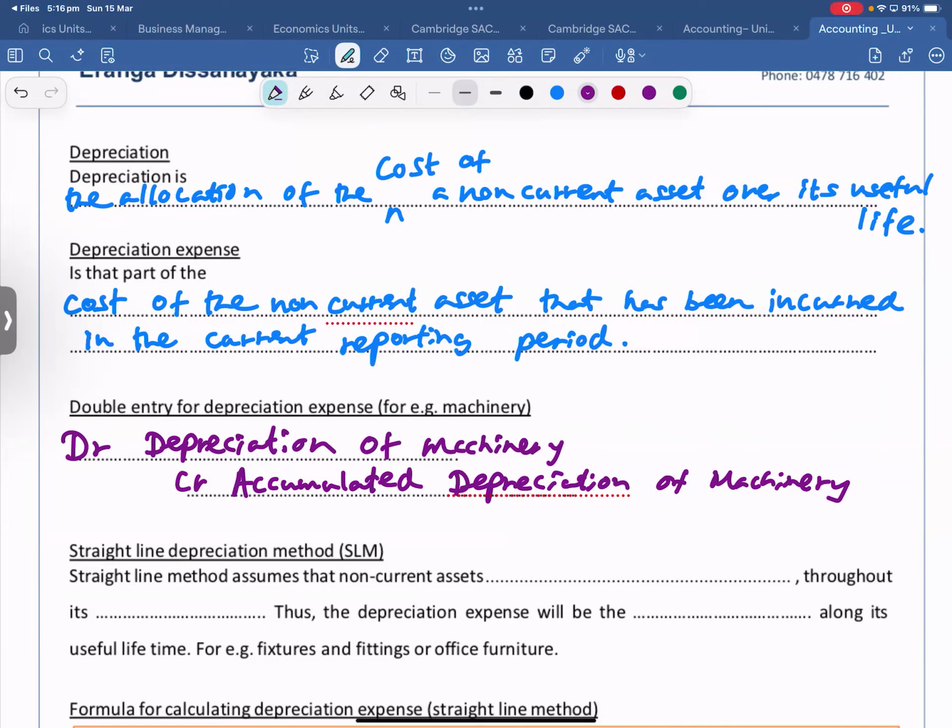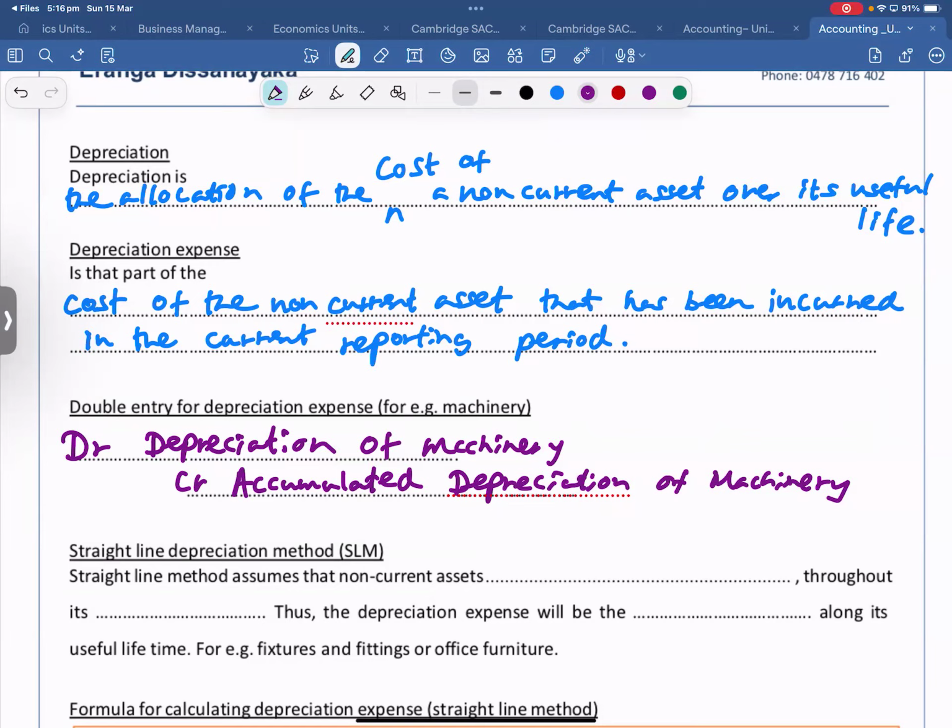So accumulated depreciation, see, accumulated. We have done this concept too, but we didn't do the ledger account or double entry. Every time we depreciate, what happens to the accumulated depreciation?